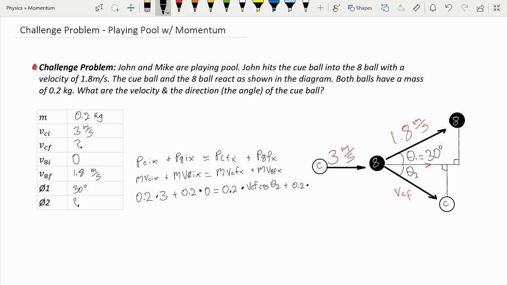So this is 1.8 cosine of 30, because we need this, which I'm going to write in green, because we only need this green arrow. We don't need the whole thing with a y component. We only want the x component part of that.